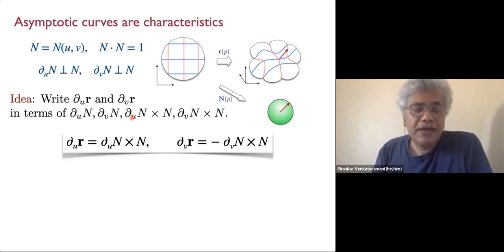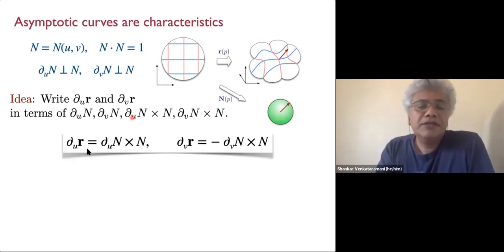And it's a calculation, but you see that constant negative curvature means that the U derivative of the immersion is partial U of the normal map cross N, and this is minus partial V of N cross N. So this connects with things we saw before, namely, we saw earlier that the characteristic curves were rotated when you took the gradient by an angle pi over 2.